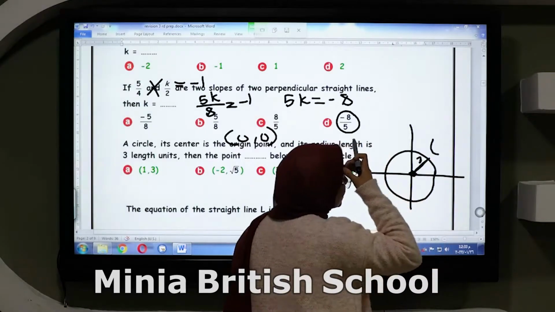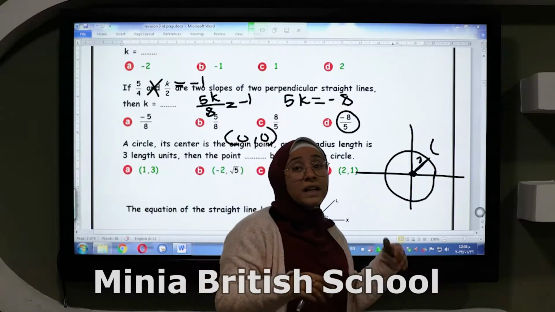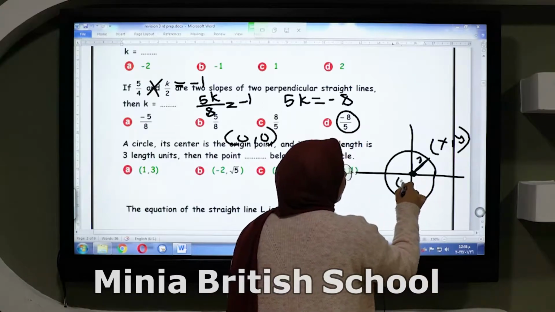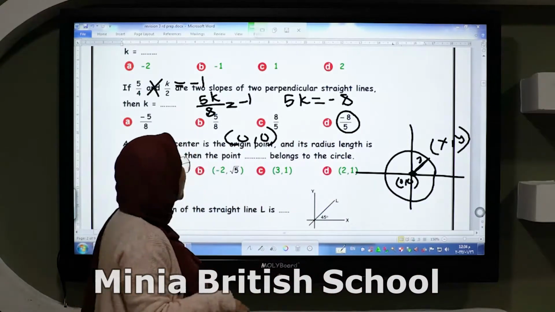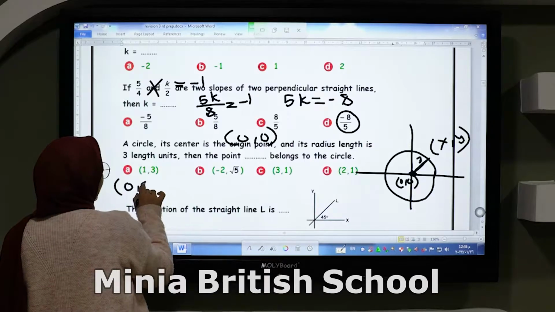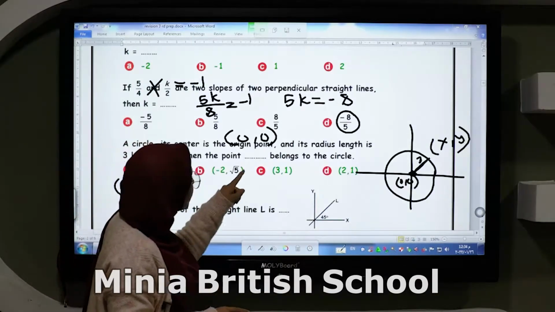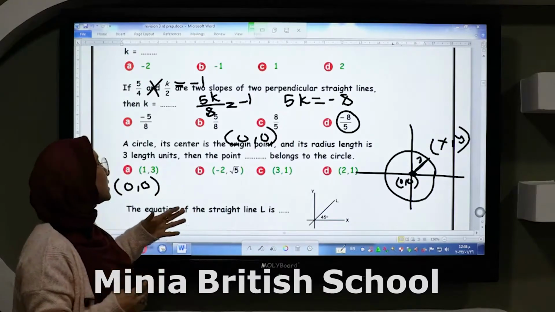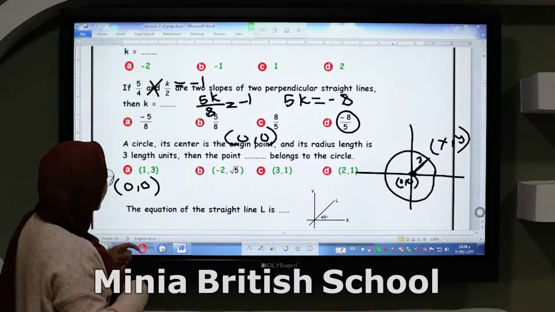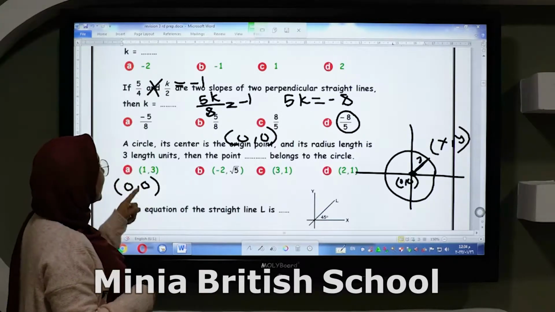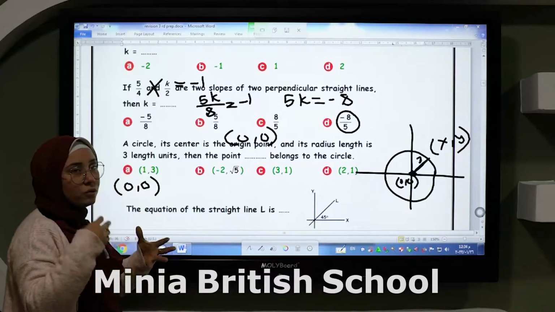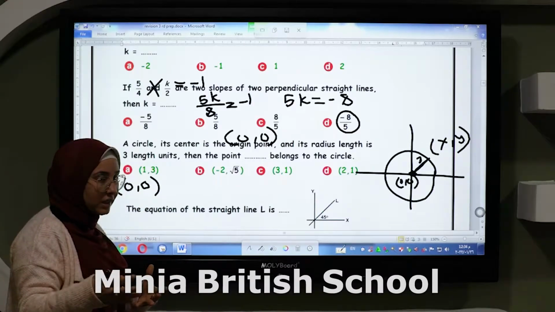Now you need to find the second ordered pair, like x and y, and here the origin point. Okay. Now you have 2 points, (0, 0), and which point of them satisfies this equation to make the radius of the circle equal 3. If you use this point, the distance between the 2 points is not equal 3, because you can use the rule of the distance, okay?